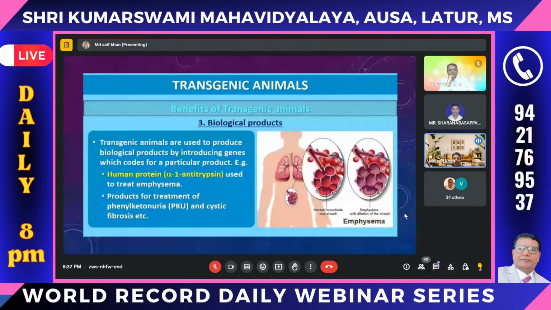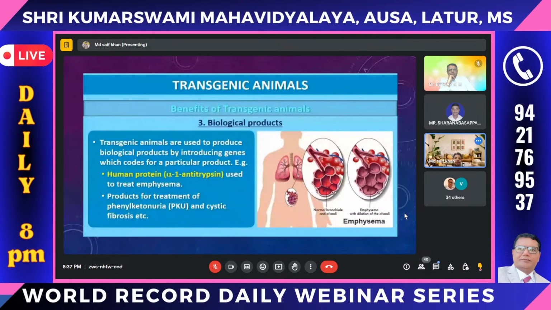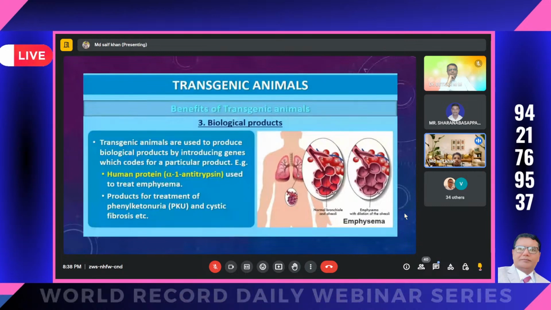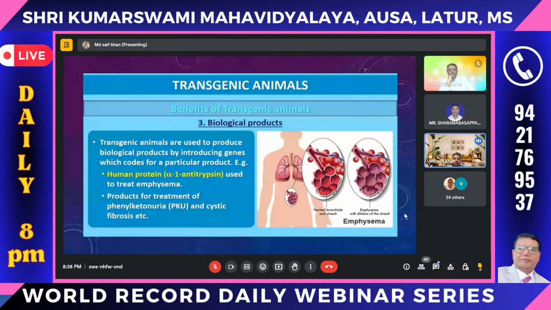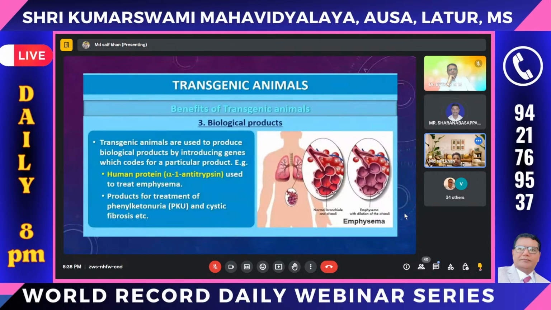Benefits of transgenic animals. So in that, biological products can be synthesized. Transgenic animals are used to produce biological products by introducing genes which code for a particular product. Example: the human protein alpha-1 antitrypsin, which is used to treat emphysema, right?